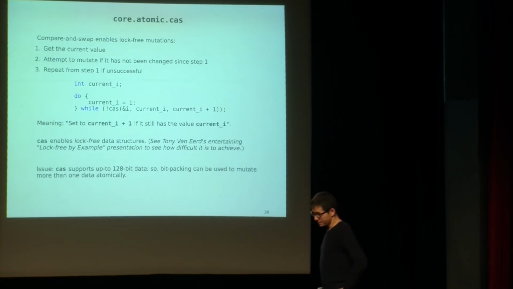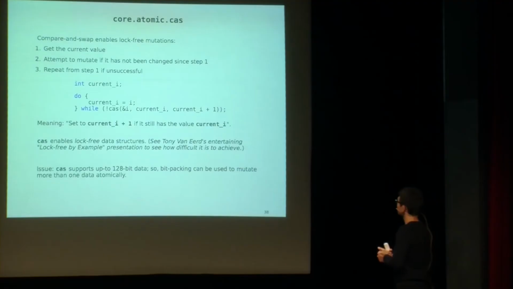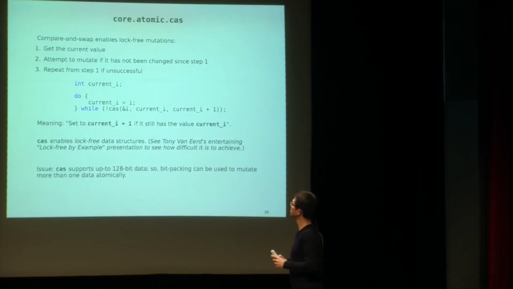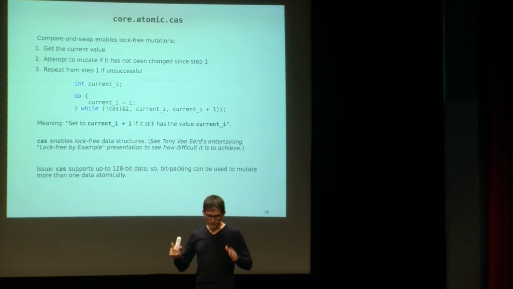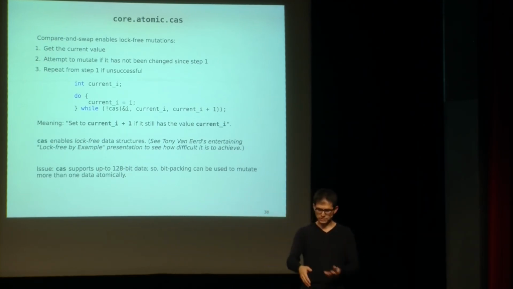Another interesting thing in core.atomic is CAS, which stands for compare and swap. This is also a very interesting primitive which provides lock-free algorithms, lock-free mutations. The idea is based on, okay, I have these two threads and they both change the same variable.